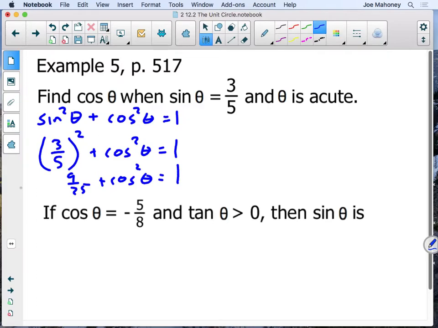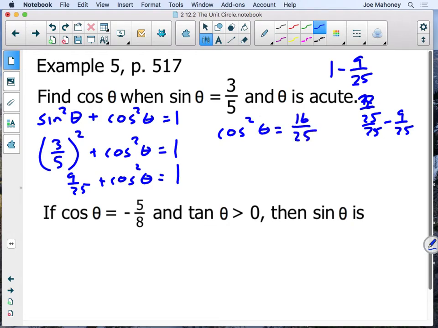If I subtract 9/25 from 1, I'm going to get 16/25. How? If you do 1 minus 9 over 25, it's like doing 25 over 25 minus 9 over 25. So what I get then is cos squared theta equals 16 over 25.